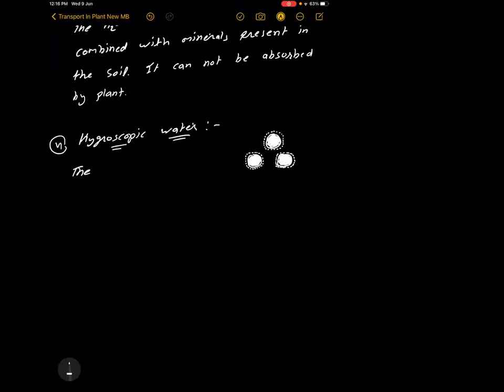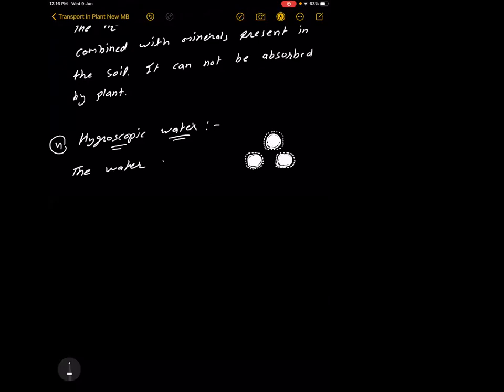The water molecules are tightly held by soil particles as a thin film.